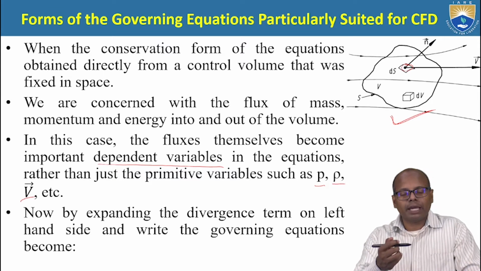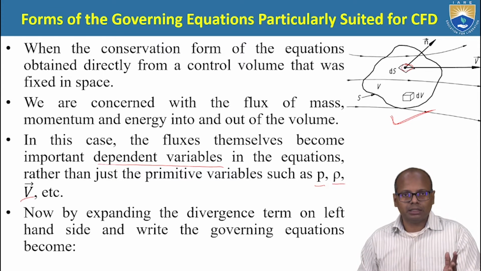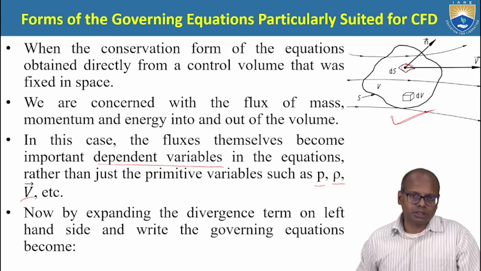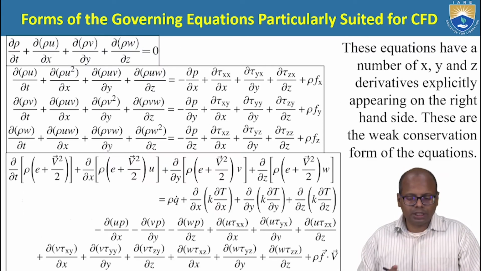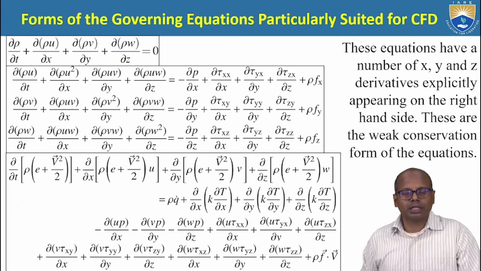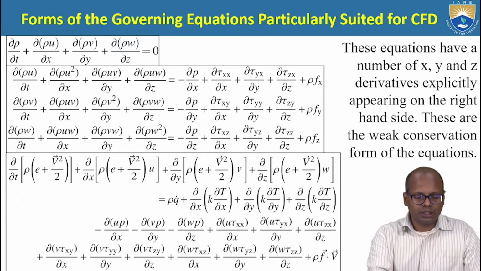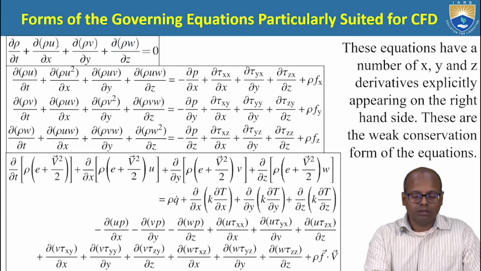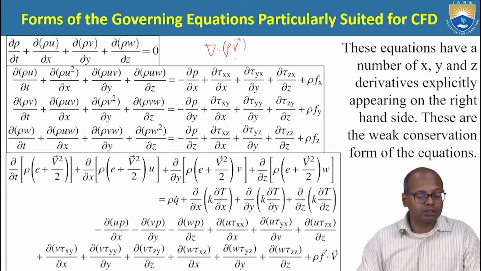Now if I expand the left hand side divergence term, how do these governing equations look? These governing equations will look like this. Del dot rho v bar was there in the previous slide.